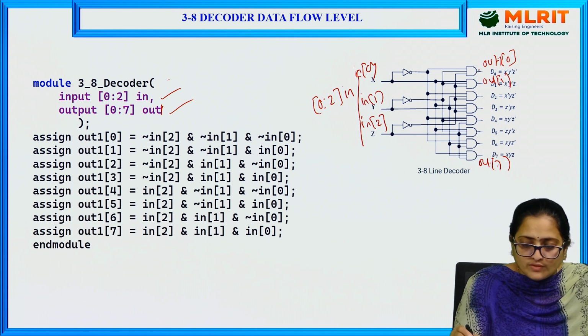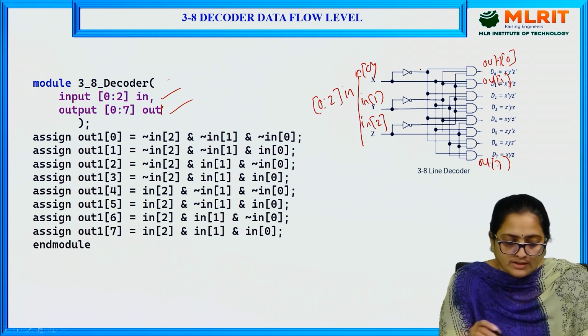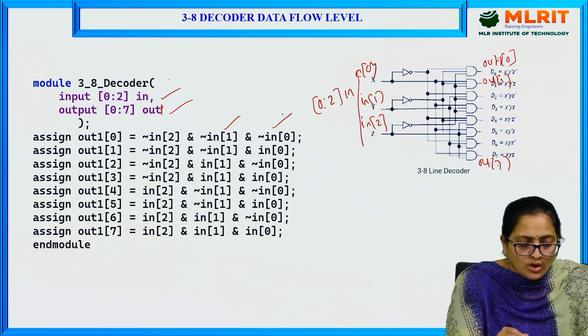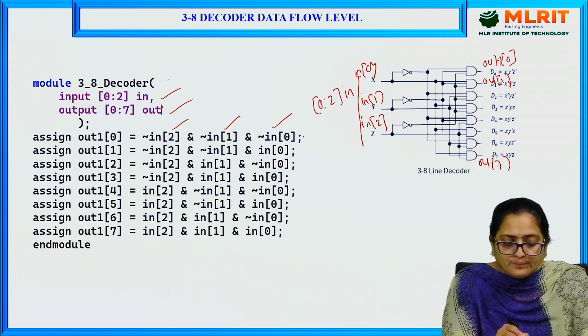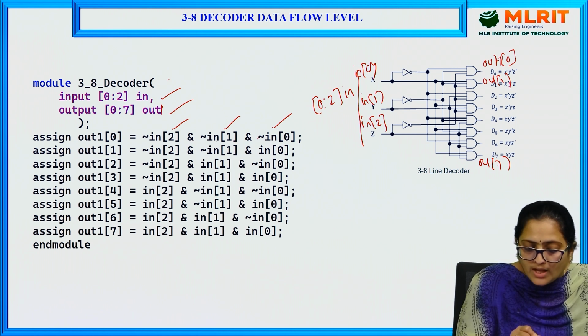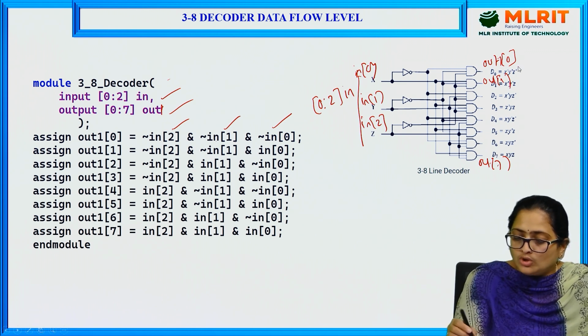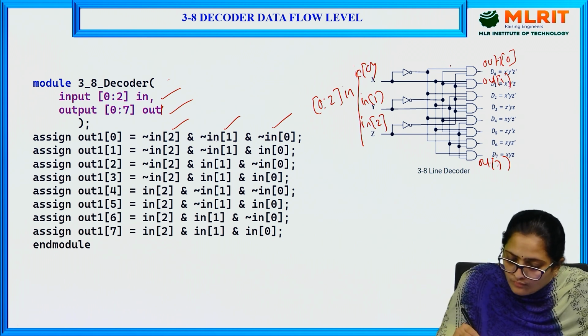So the output of this AND gate, OUT of 0, is given with the complement of IN2, the complement of IN1 and the complement of IN0, which will be assigned to OUT of 0. So the output of this AND gate will be the complement of IN0 and the complement of IN1 and the complement of IN2.